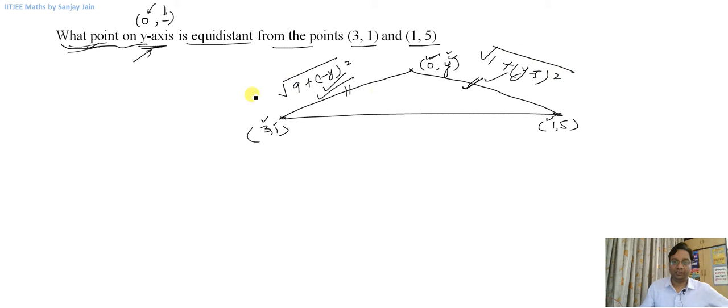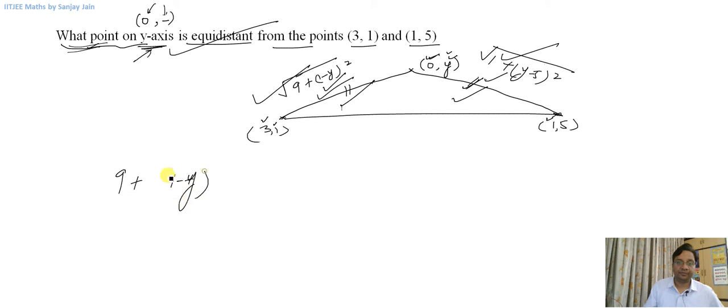Now we can put this and this equal because these two sides are equal, right, because of the given information in the question. So we can also remove the square roots because we are putting them equal, and then squaring, we can remove the square root signs or the radical signs. So let me put 9 plus 1 minus y squared equal to 1 plus y minus 5 squared.